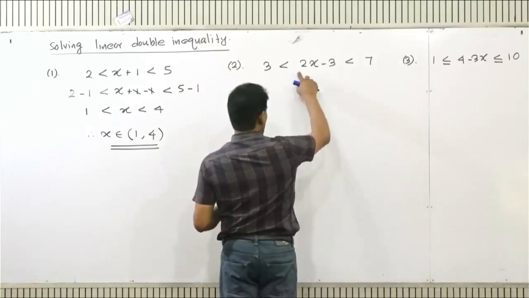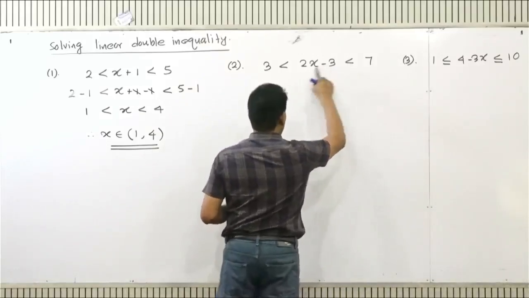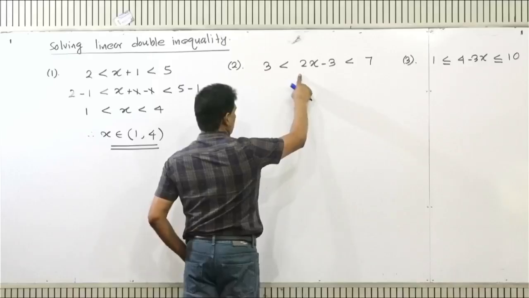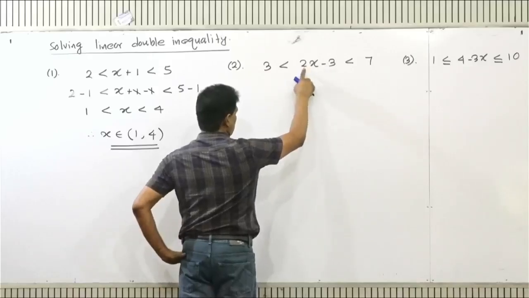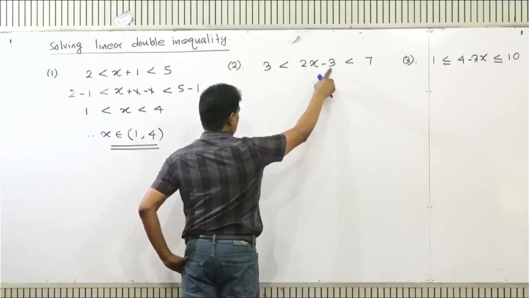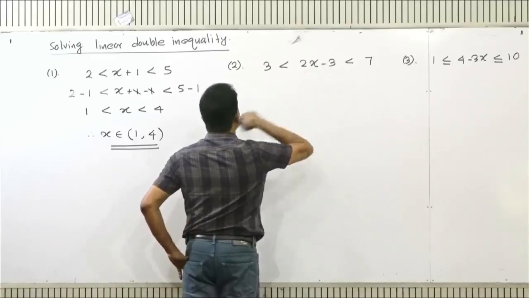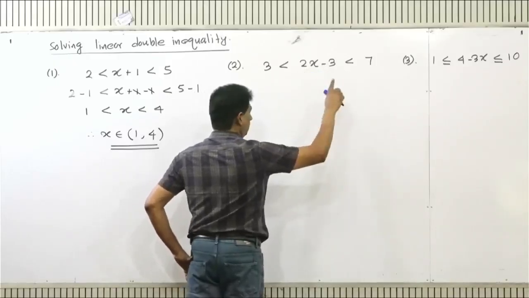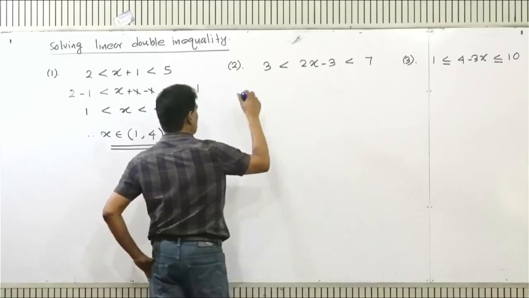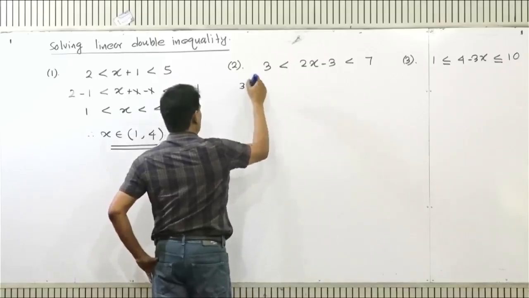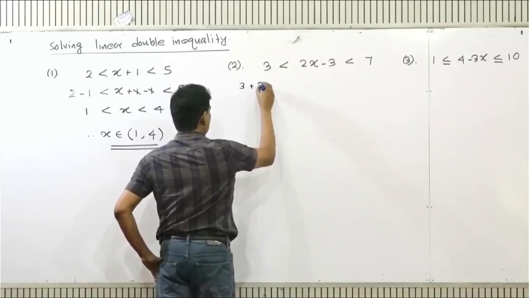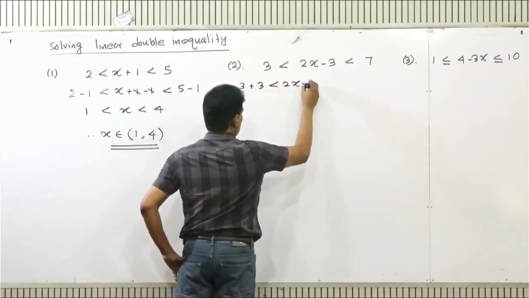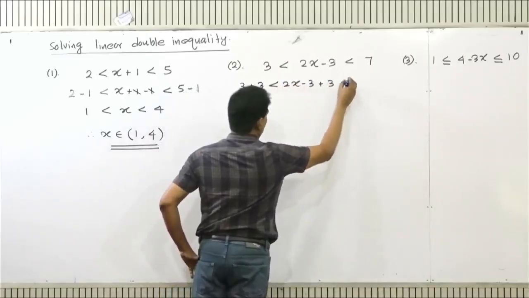in here also we can subject x in between two inequality marks. Then we have to remove this minus 3 and this positive 2. First we have to remove this minus 3. For that case we have to add 3 each and every side. No? Here 3 we have to add 3. 2x minus 3 we have to add 3.